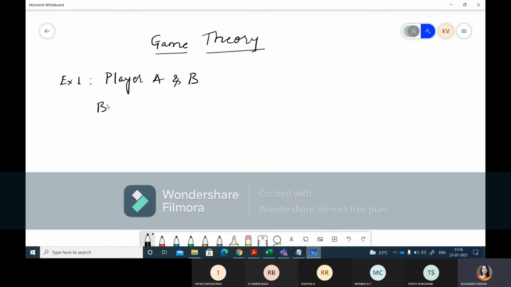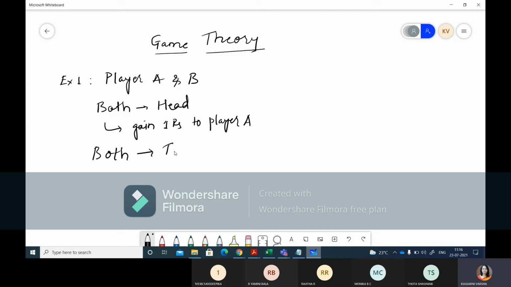Whenever both get head, there is a gain of 1 rupee to player A. When both get tail, then there is no loss, no gain.